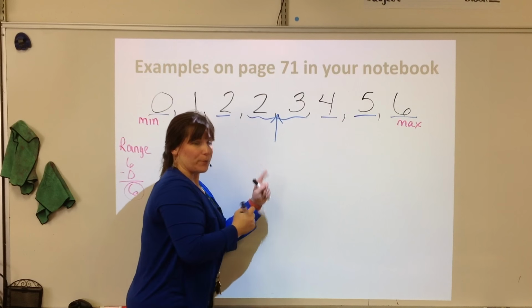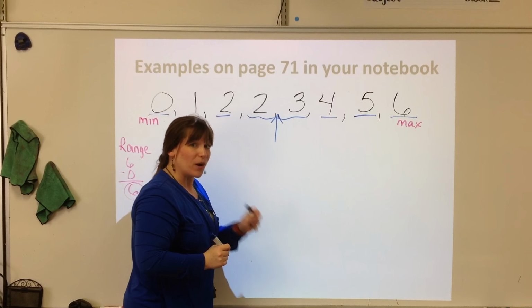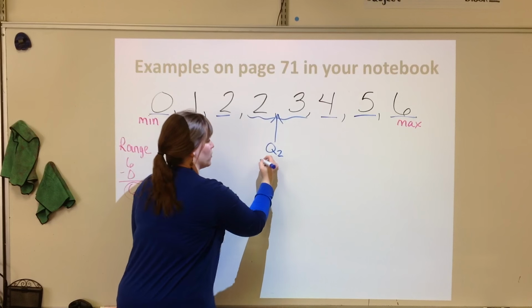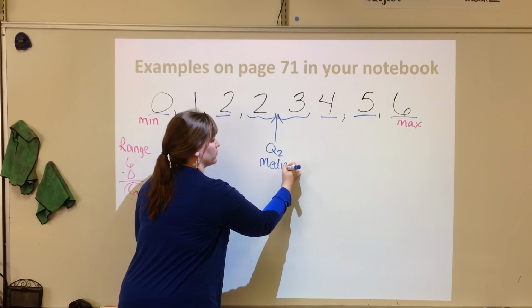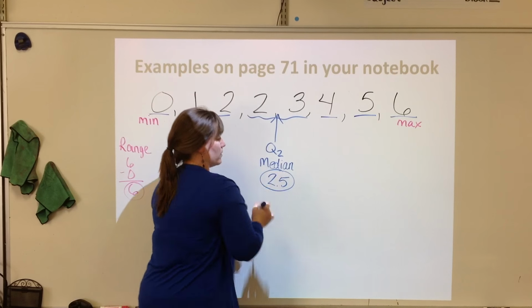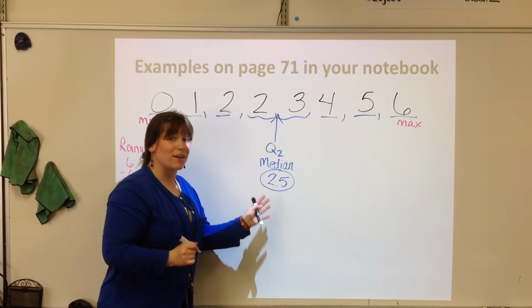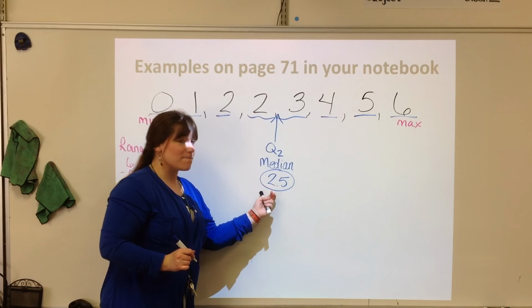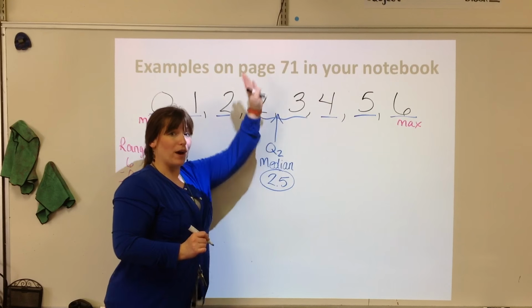I'm going to draw an arrow, and I'm doing that on purpose. I want you to as well. This is the median, which is Q2, and we are labeling that 2.5. This is not part of any of our data numbers. We need to find this though, so we know where our middle point is.